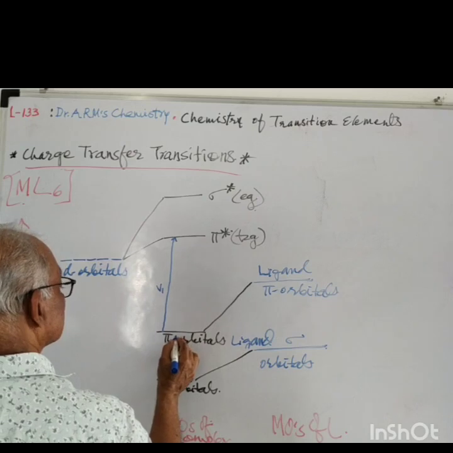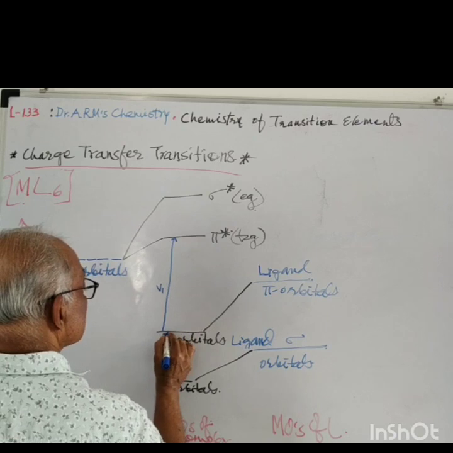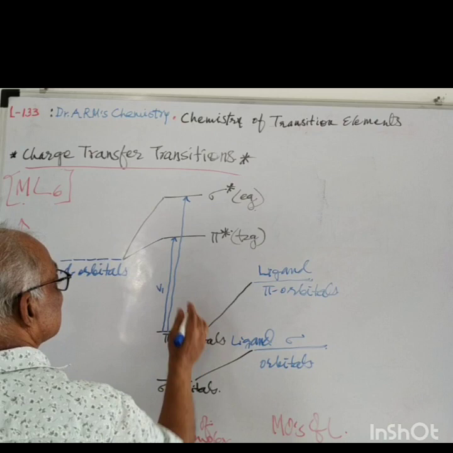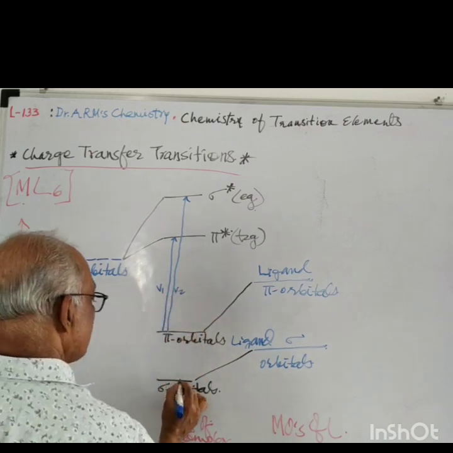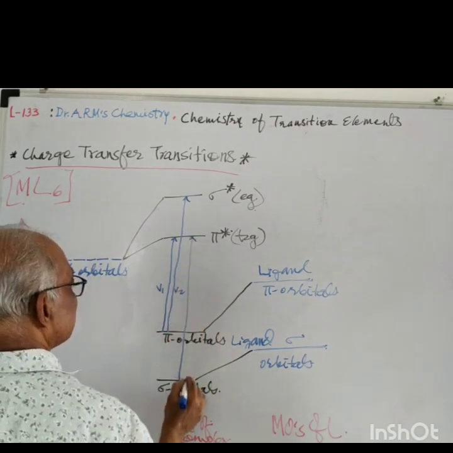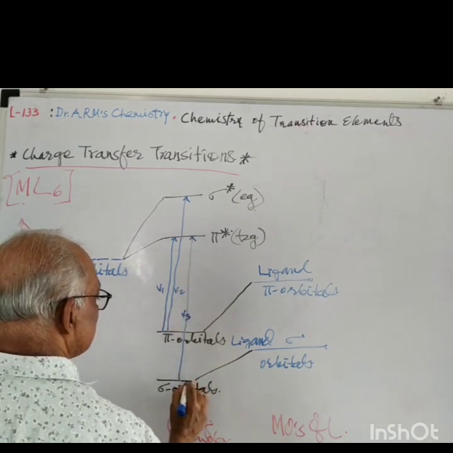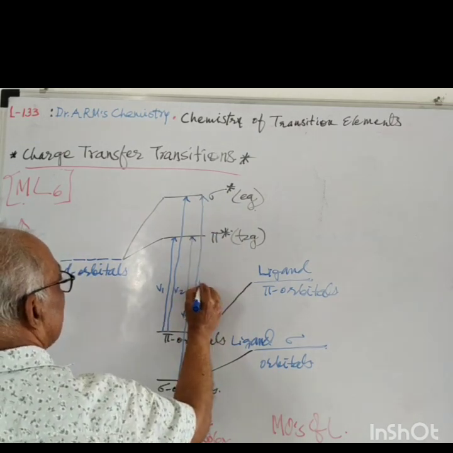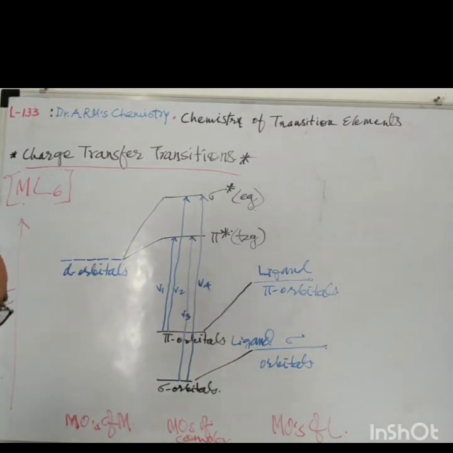Similarly, these pi orbitals are also excited to the sigma star, and that is called the second transition, V2. Another way, the sigma molecular orbitals are excited to this pi star, and these are called V3. And these sigma orbital electrons are also excited to sigma star, and these are called the V4 charge transfer transitions.